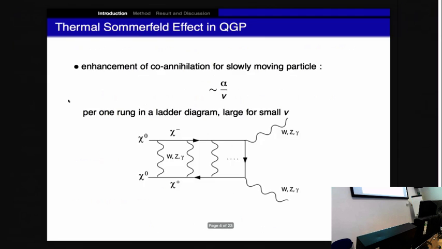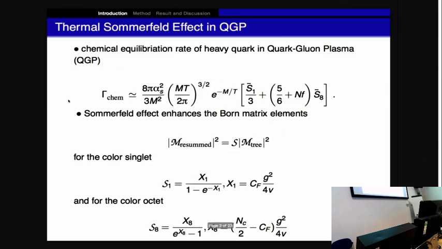The reason is that if I have two heavy particles and they get annihilated, then since they are slow, these propagators will behave like 1 over v, with a coupling constant here and there, and since v is small, since this is non-relativistic and moving slowly, this becomes order 1, and you have to resum it, and that's what the Sommerfeld enhancement factor tells us.